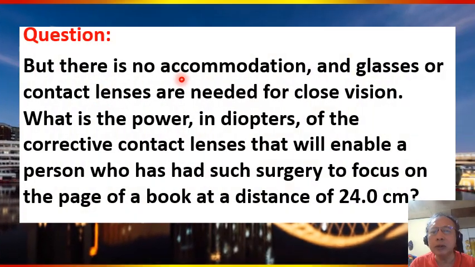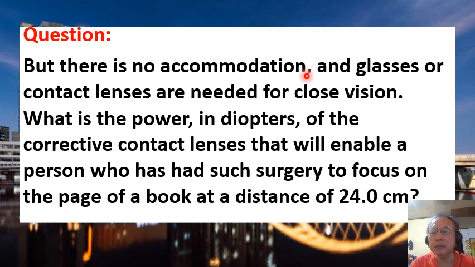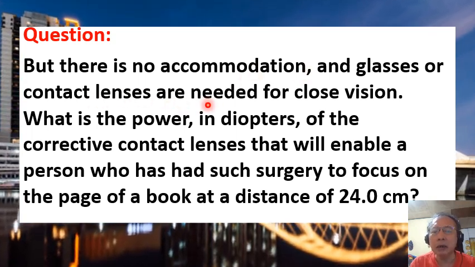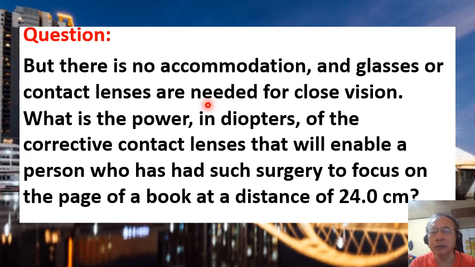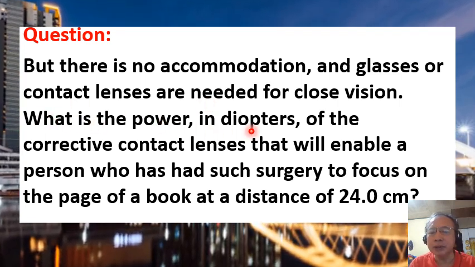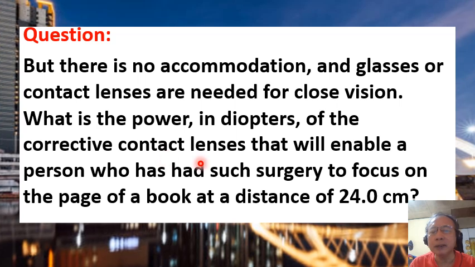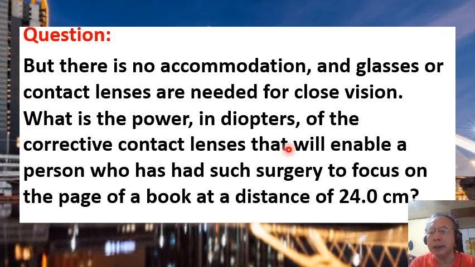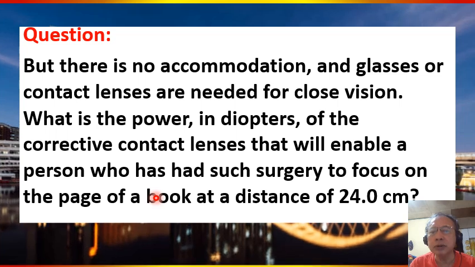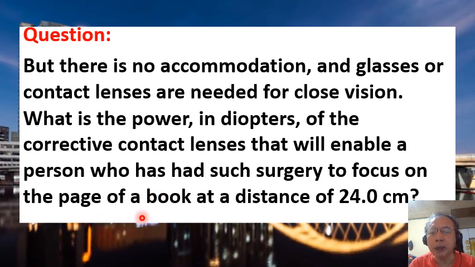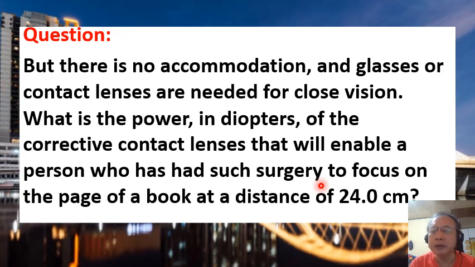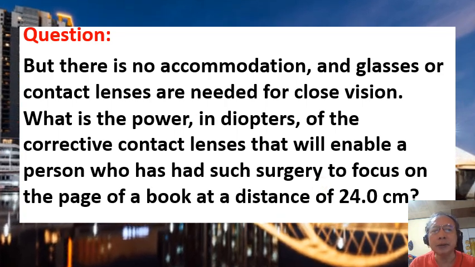But there is no accommodation, and glasses or contact lenses are needed for close vision. What is the power in diopters of the corrective contact lenses that will enable a person who has had such surgery to focus on the page of a book at a distance of 24.0 centimeters?